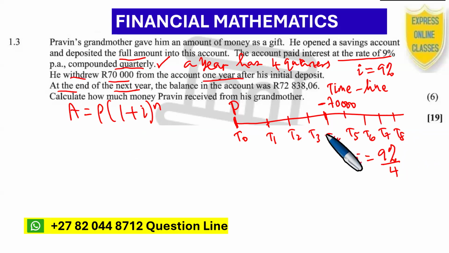So now you need 4 quarters. Then you count 1, 2, 3, 4. And this gives the end of year 2.